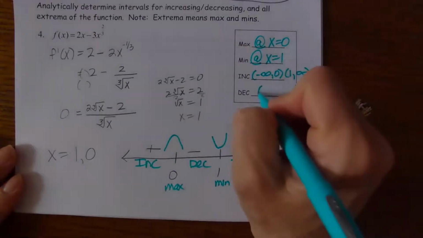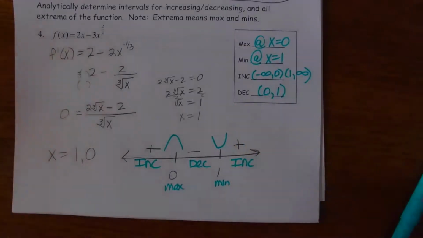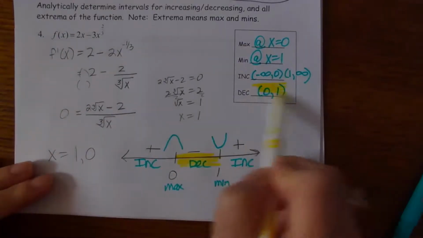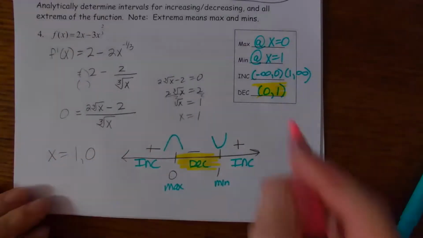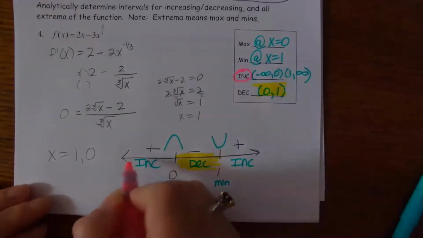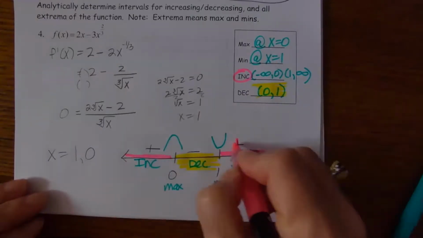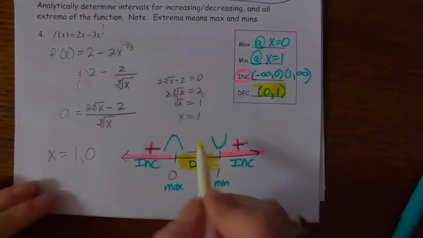And we are decreasing from 0 to 1. And again, if you kind of want to color code, so your eyes pick up what you're doing, you know I love. I can even highlight that so I know why it's increasing or decreasing, right?